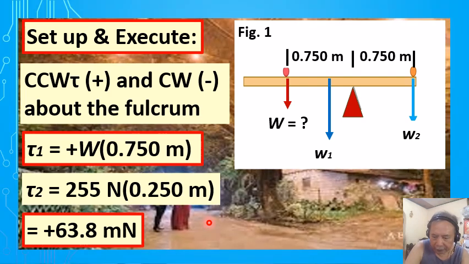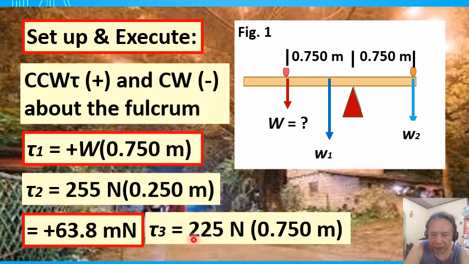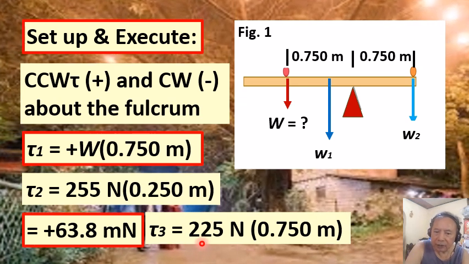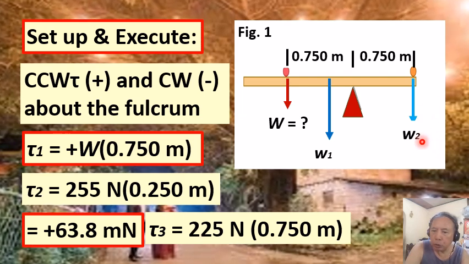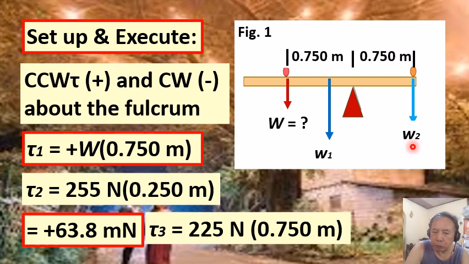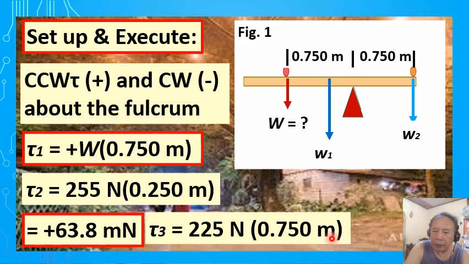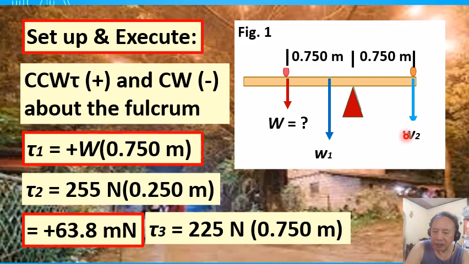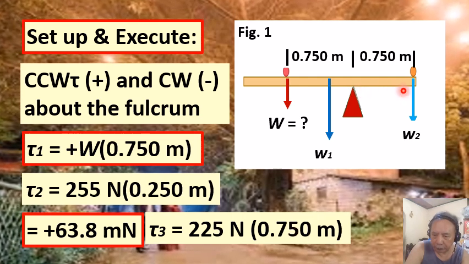Now, there's a third torque. We call it torque 3, and this is the torque of W sub 2, or the weight of the load labeled W sub 2, equal to 225 newtons, multiplied by its moment arm, which is 0.750 meters from the fulcrum.